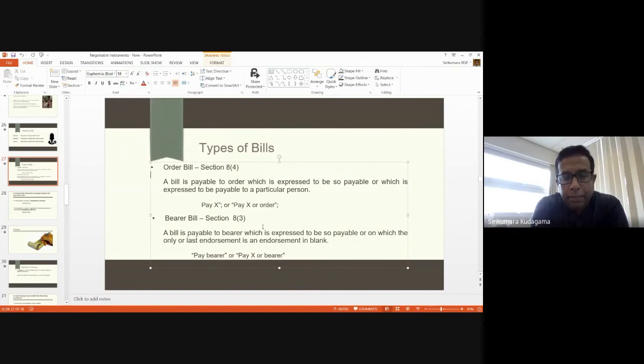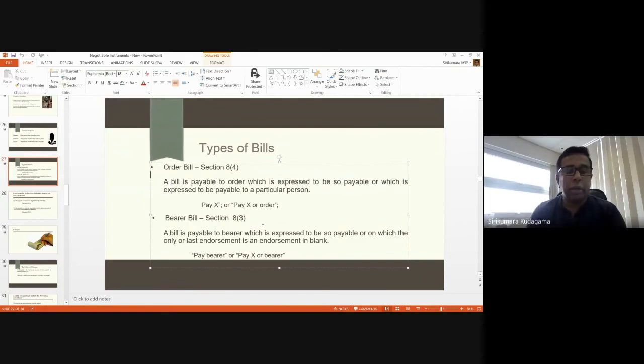A bill is payable to order. It doesn't use the words order bill, but a bill payable to order is an order bill. An order bill is expressed to be so payable, or expressed to be payable to a particular person. So if your bill says that it's payable to order, it's definitely an order bill.